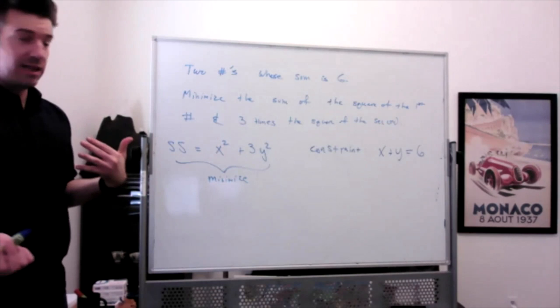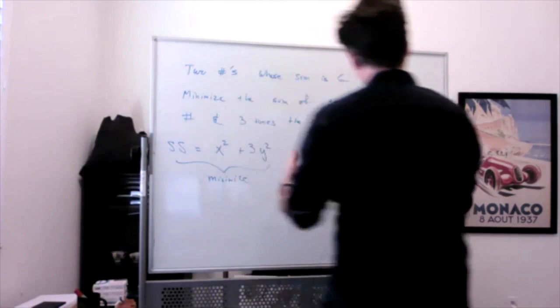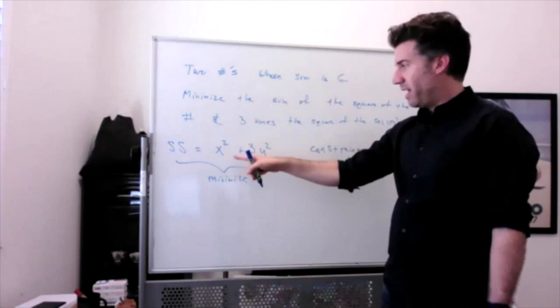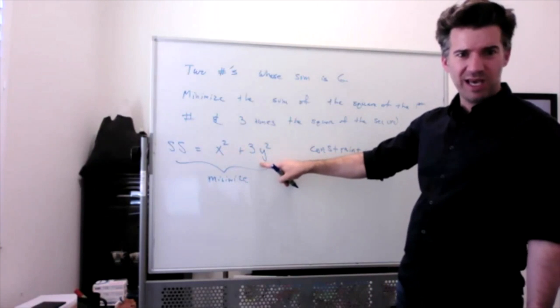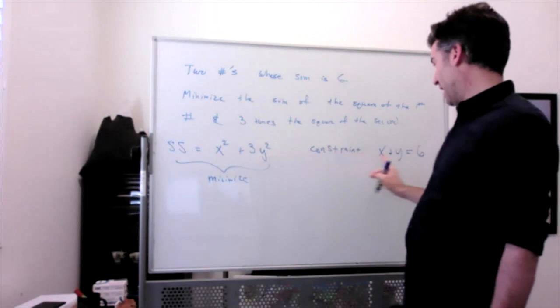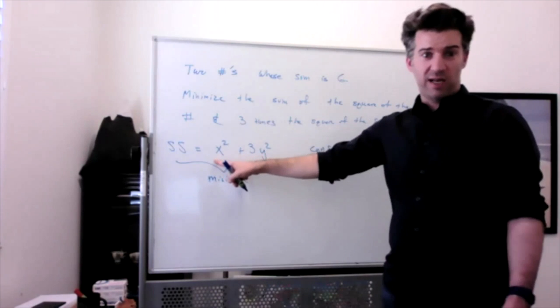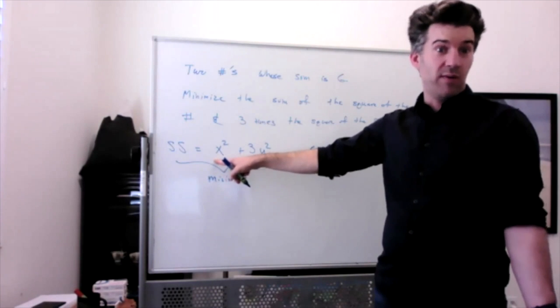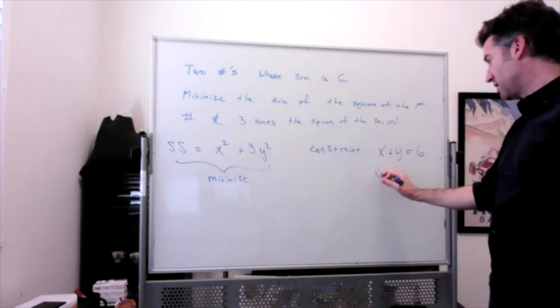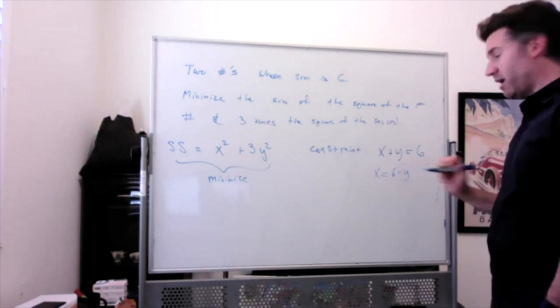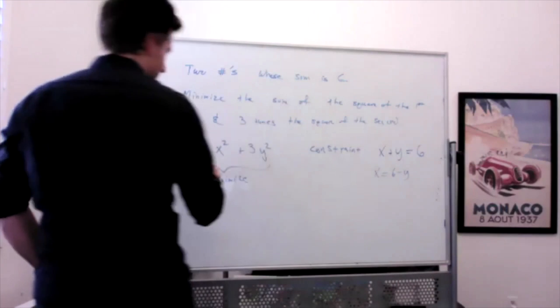So then I'm gonna do the same thing I did last time. I'm gonna isolate one of these variables and throw it in there. And since this part is slightly more complicated, I'm actually gonna isolate x over here so I can plug in for x here, because it's just a little bit less work that way. So I'm gonna find that x equals 6 minus y. And then I'm going to plug that into x here.